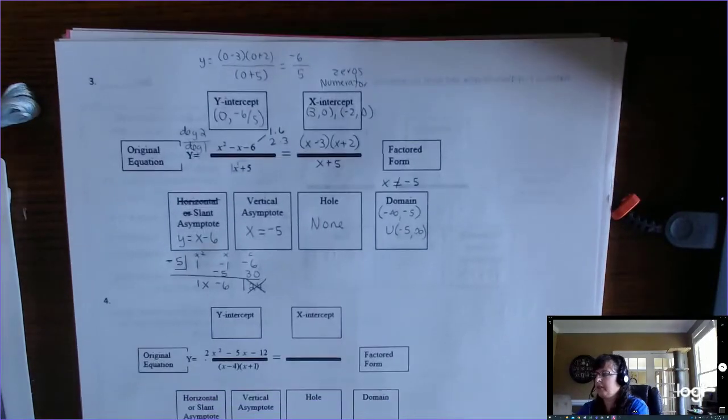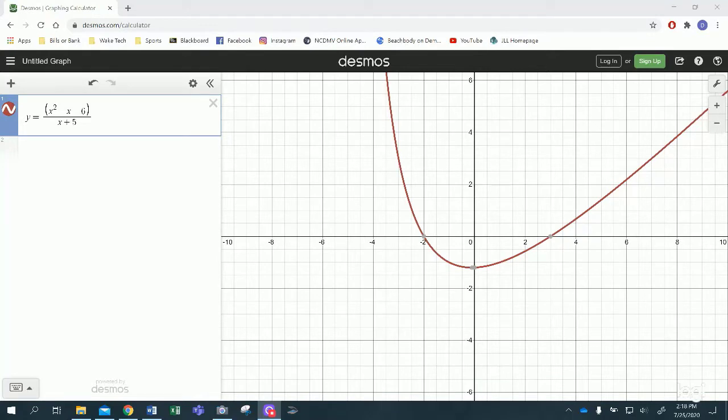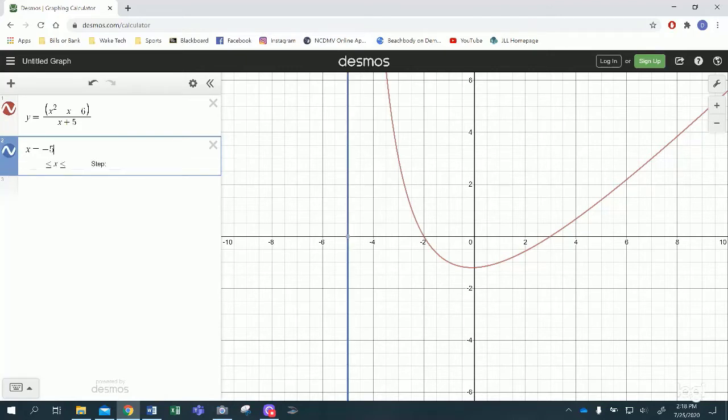So let's look at that graph. Okay, so I put this into Desmos, and you can't see some of the negatives, and you only see one branch. Well, that's not actually very accurate. So let's go ahead and put in the vertical asymptote, x equals negative 5, and let's put in the slant asymptote.